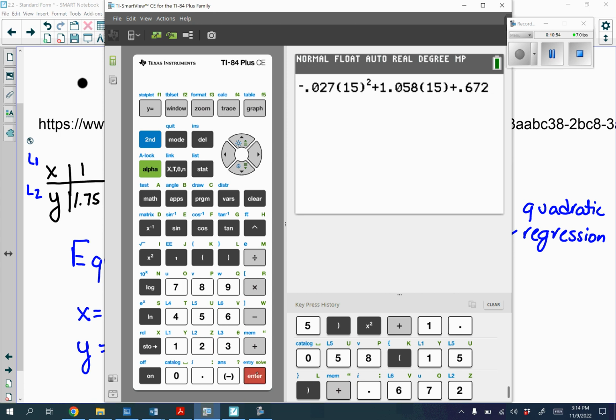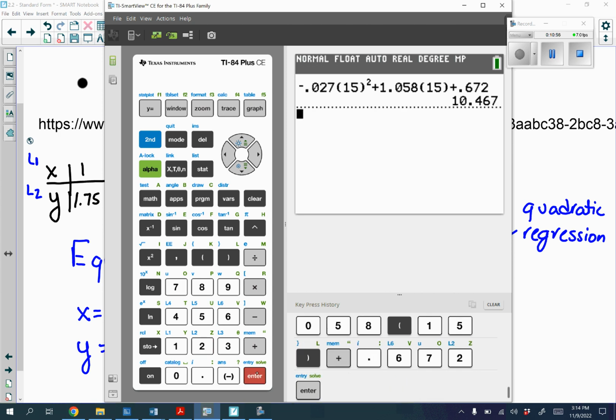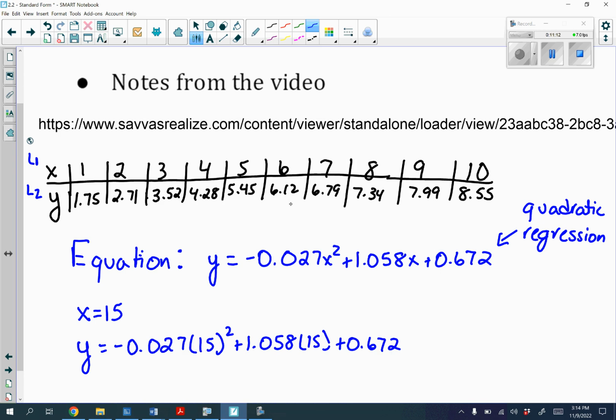And then I press enter. And so we get about 10.467. And if we look at all our y values, they're rounded to 2 decimal places. So that's what we're going to do here. Our answer is going to be 10.47, since we look at our y's and they're rounded to 2 decimal places.